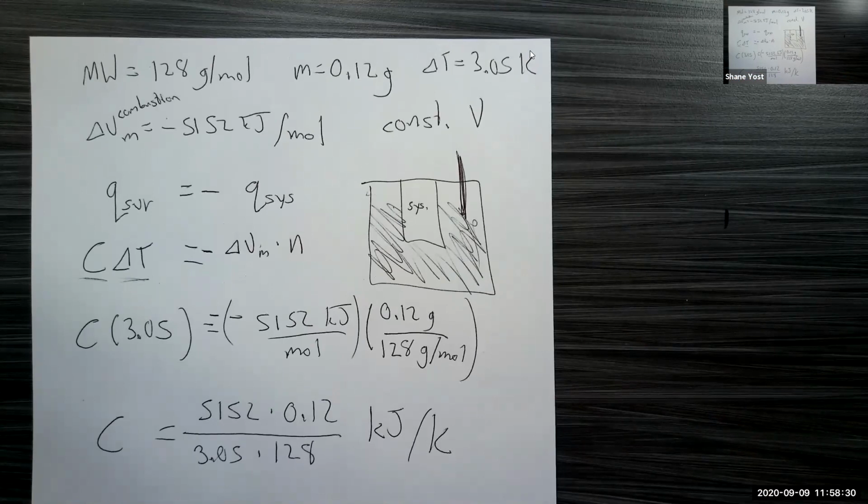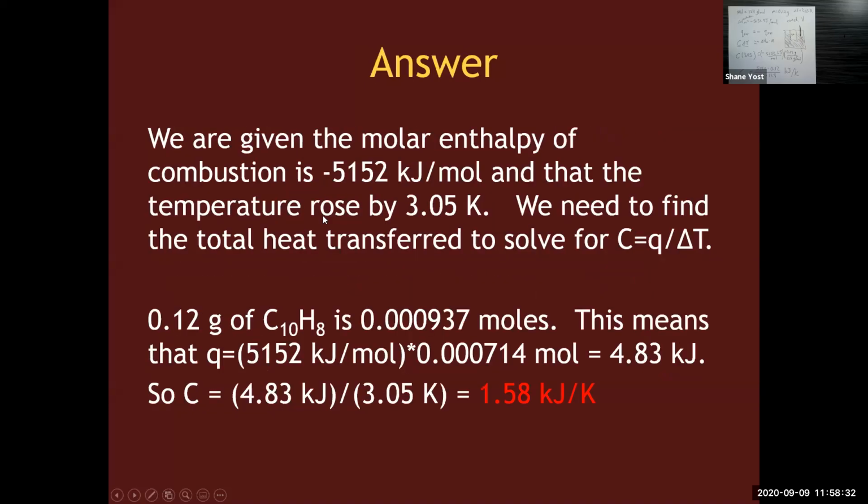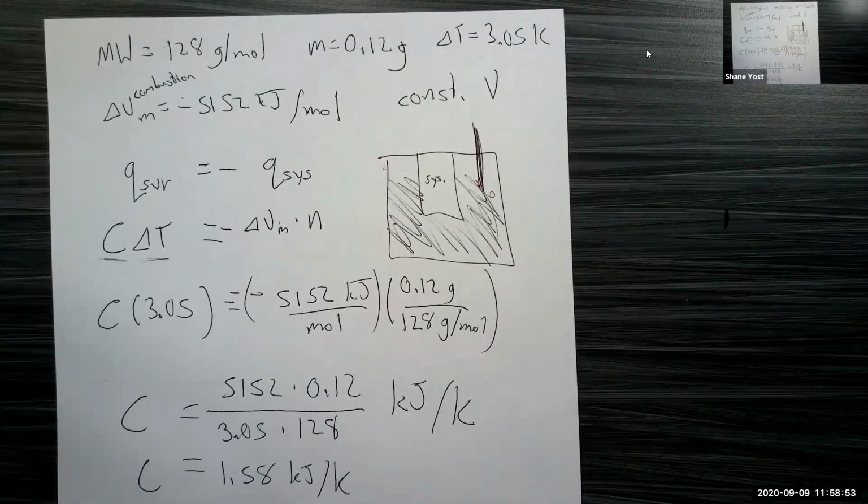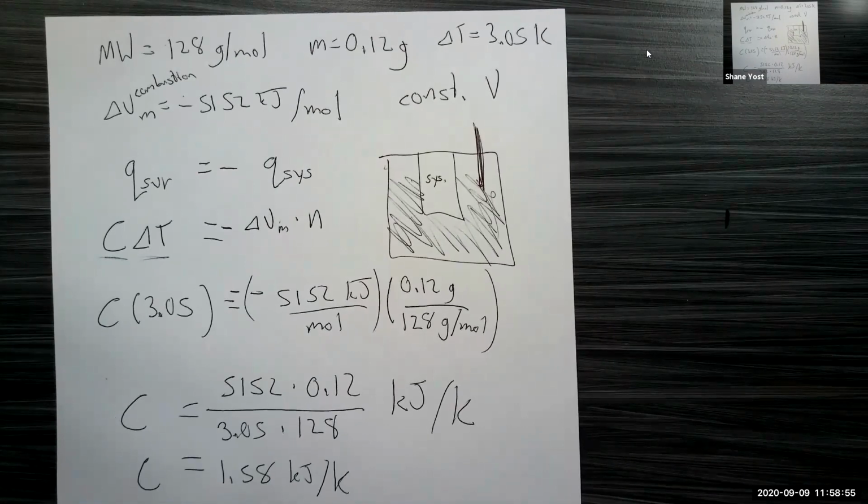I'm just going to go back to the slides to show what that number comes out to be. That number comes out to be 1.58 kilojoules per Kelvin. So I'll pull up my handwritten work here since I wrote that number down, just so we can review the work. But assuming I plugged in everything right, then that's what it should be.